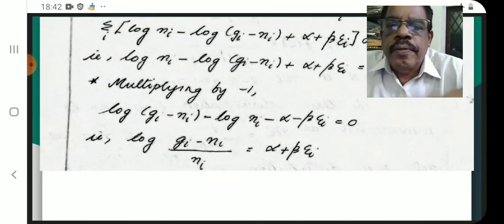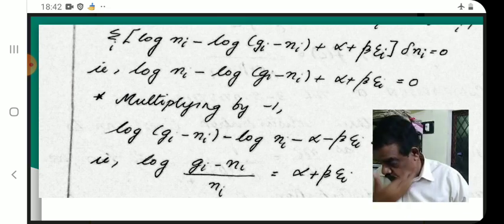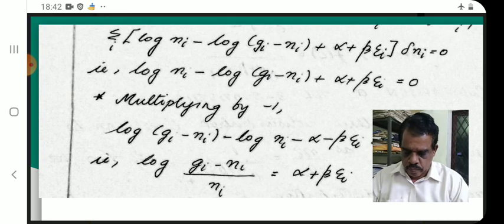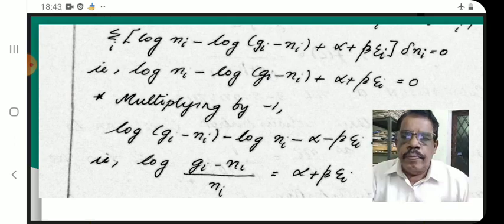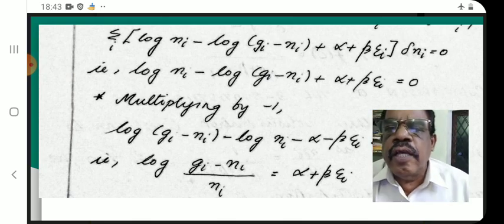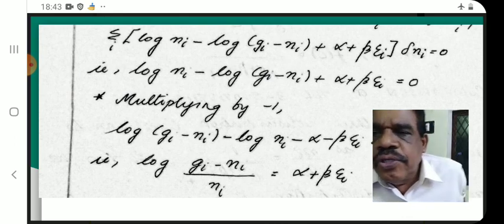That is, sigma i [log ni minus log (gi minus ni) minus ni plus alpha plus beta epsilon i] delta ni is 0.